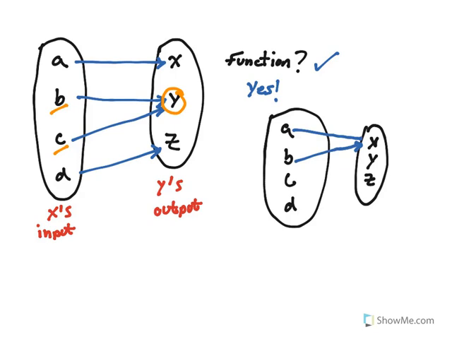But what you can't have is this: C producing Y and then C producing Z. That can't happen. That's a no. This is a no, and then this would be a yes.